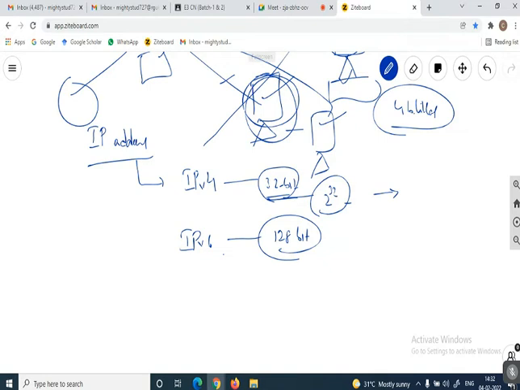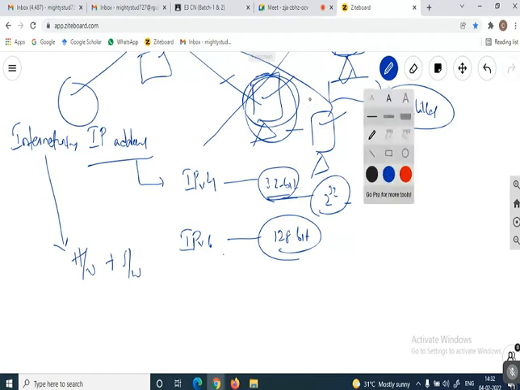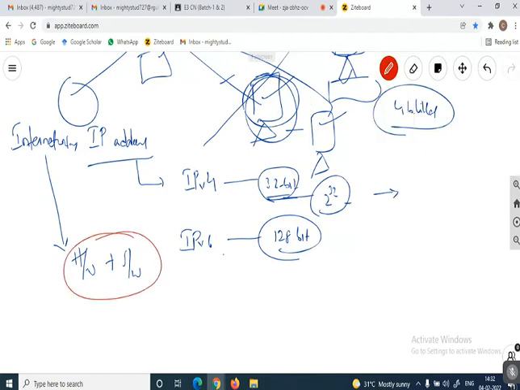So that's why we can say that the internet networking environment is going to be a combination of hardware and software.